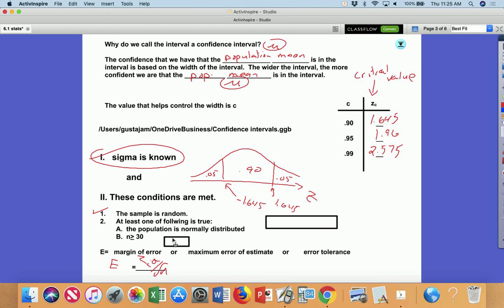So it relates to the central limit theorem, and we'll talk more about that tomorrow, but we're dealing with sample means. So we need to know when that distribution of means is normal.